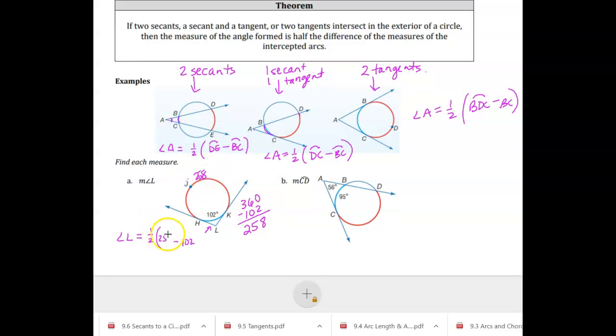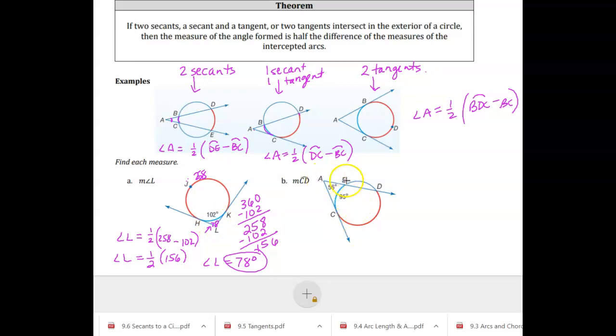So 258 minus 102. You can use a calculator. So I'm taking half of 156. So angle L is equal to 78. Looks pretty close.